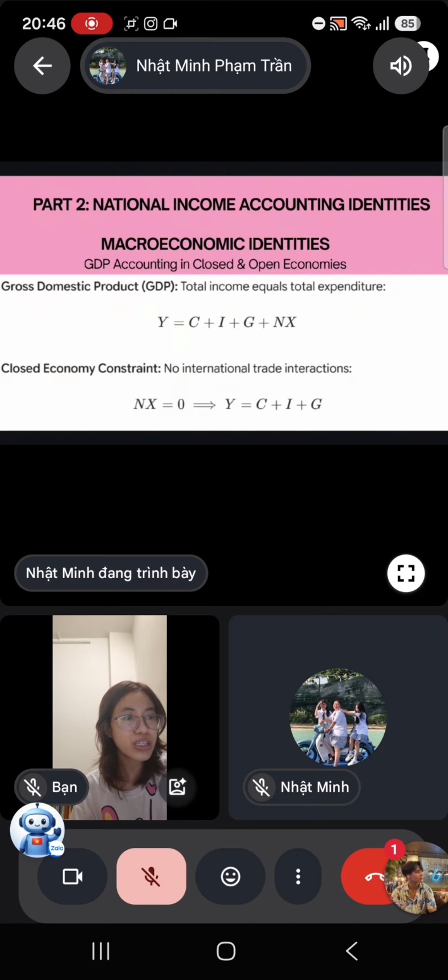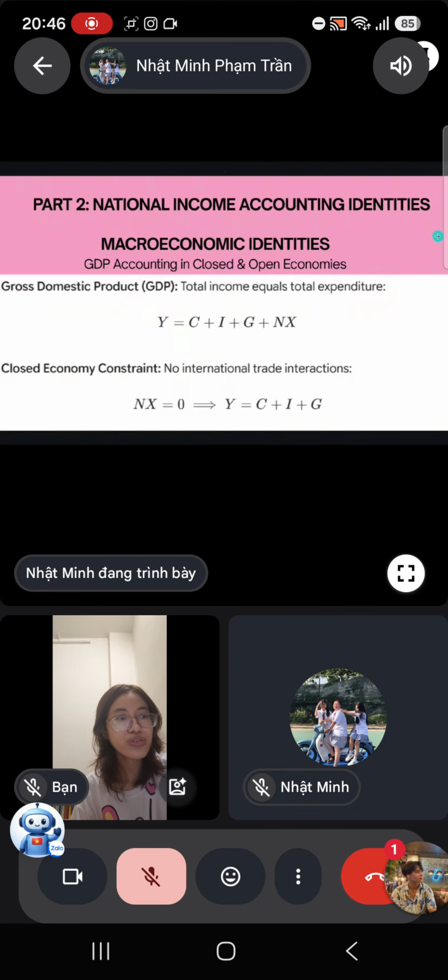Gross domestic product is Y, the sum of consumption C, investment I, government purchases G, and net exports NX. To simplify, we assume a closed economy where net exports equal zero. This leaves us with the identity.